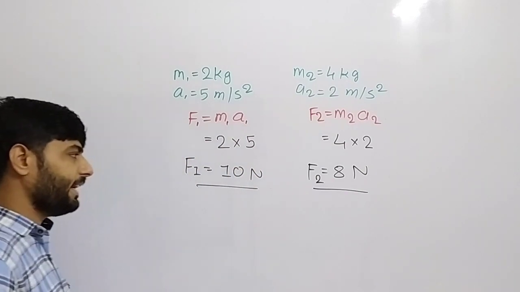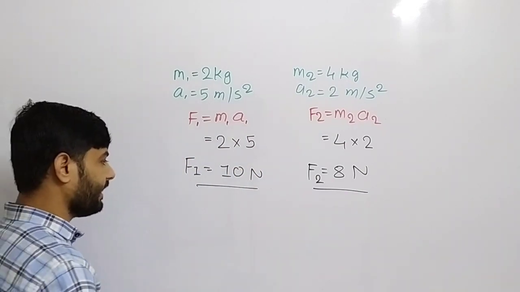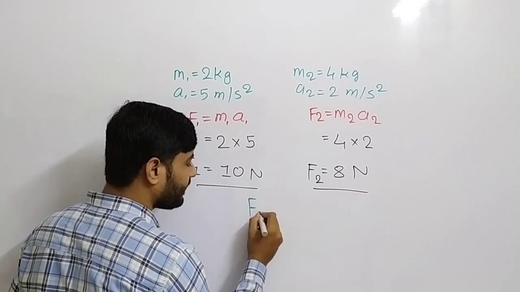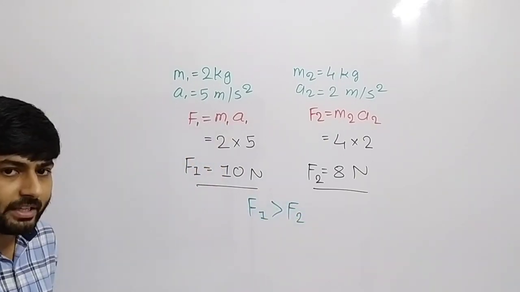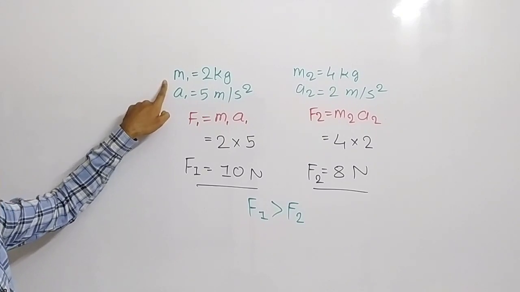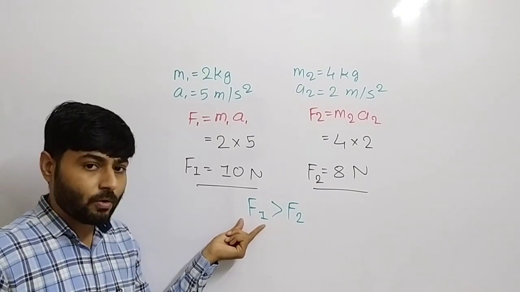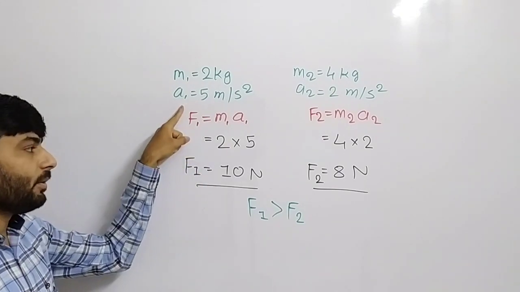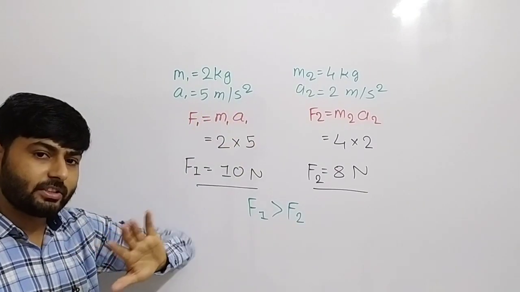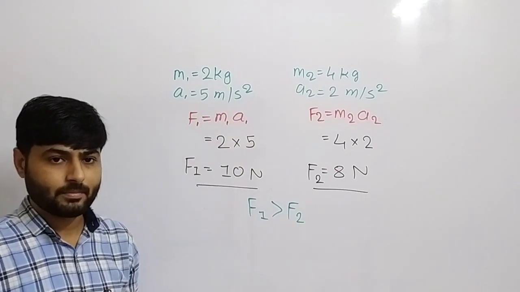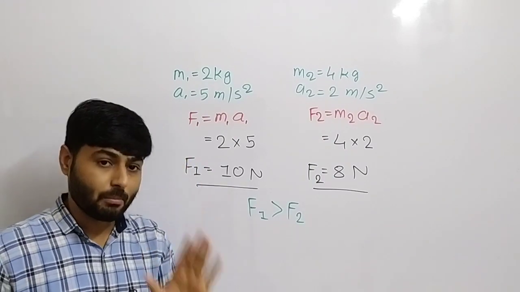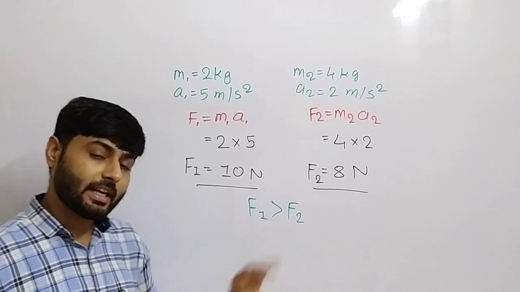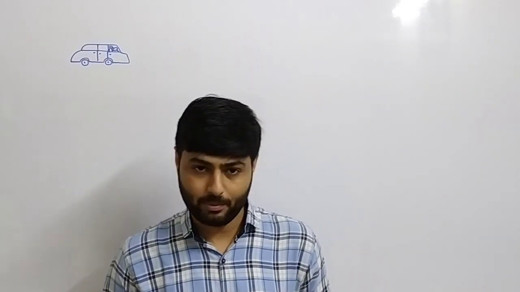So we can see clearly here that F1 is greater than F2, which means the first object requires more force to get the required acceleration compared to the second. So the answer is the first object requires more force than the second object. Now let's take example number 9.3.